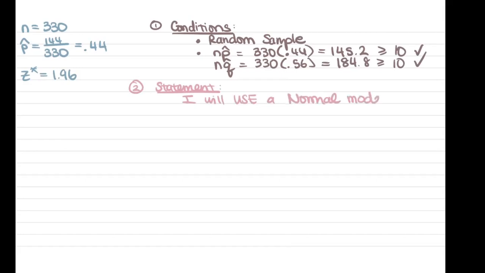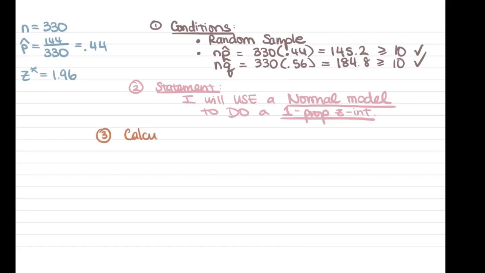I'll even shortcut this for you guys. You can write one prop z int. You can abbreviate that. I'm totally okay with that. Okay, so one proportion z interval, one prop z int. Nice.